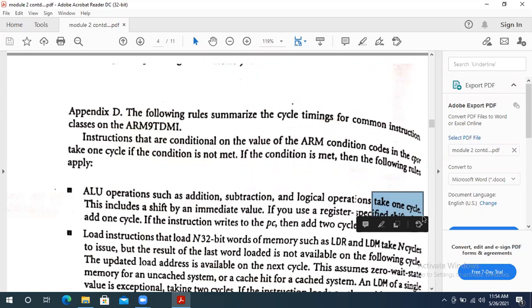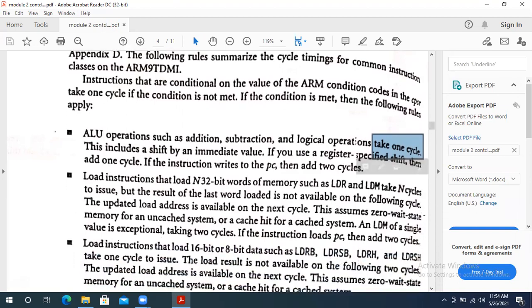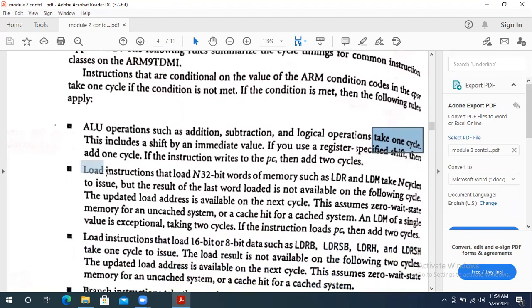In these topics we are going to discuss, for each instruction, how many cycles are needed for the different operations. The first one is ALU, that is addition, subtraction and logical, which takes one cycle for execution. The second point: to load n words, where it may be 2, 3 or any number of 32-bit values, each being one word, it takes n cycles.